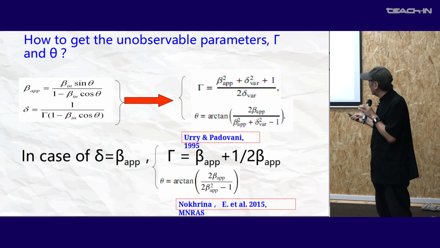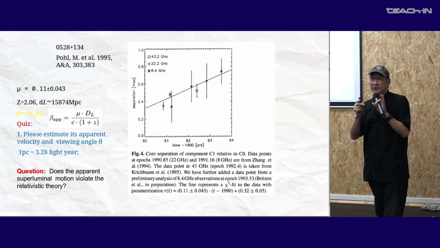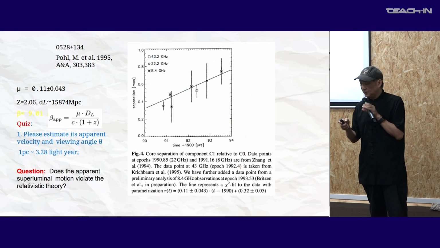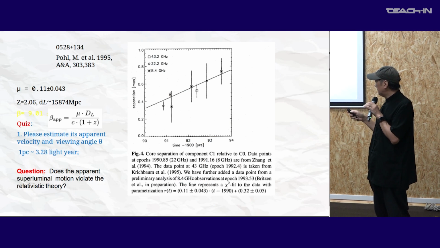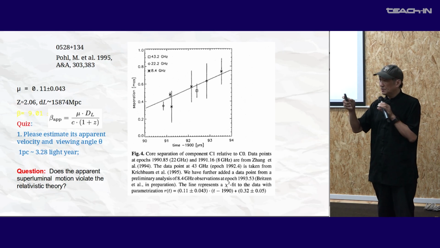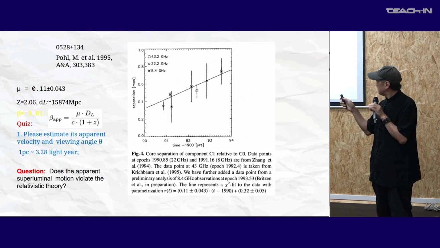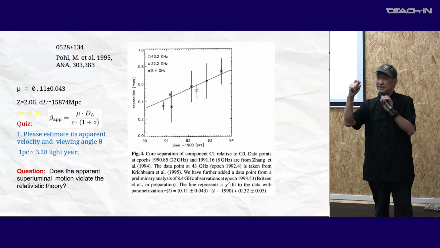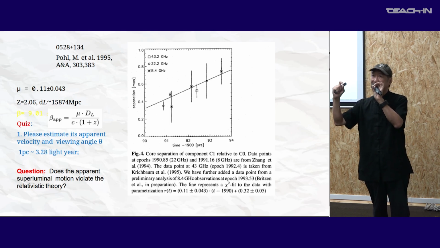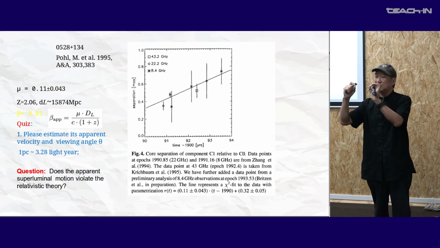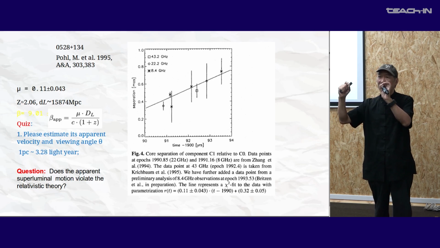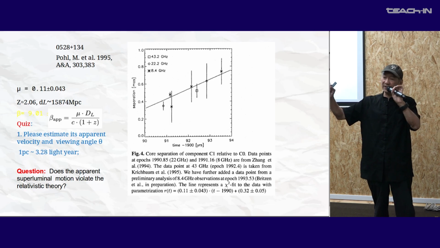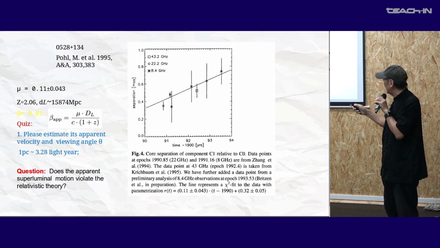For the superluminal motion, if we do many observations, we can find two parts, the core and the ejected part. We can find their distance getting bigger and bigger, longer and longer. Then we can put it in this diagram.